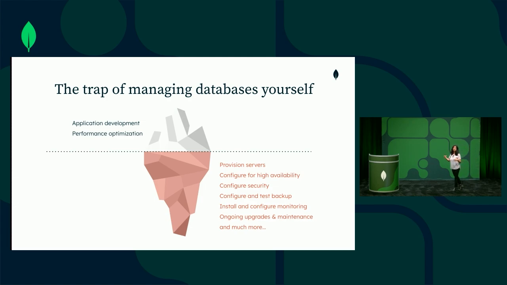Instead, what you end up doing is a whole bunch of other things. You're provisioning servers, you're configuring them for HA, you're figuring out what monitoring looks like, you're figuring out which security patches you should apply in what order, you're figuring out how upgrades need to work. There's just an endless list of things that you end up doing instead.